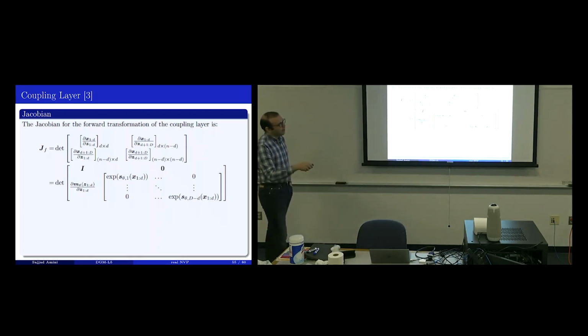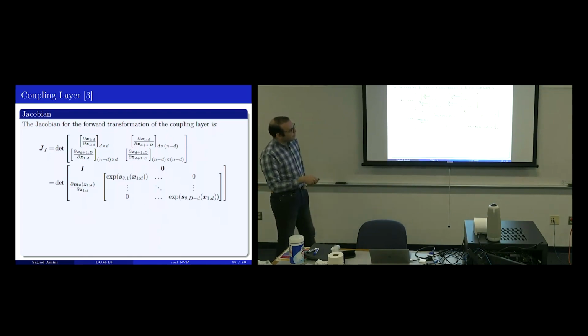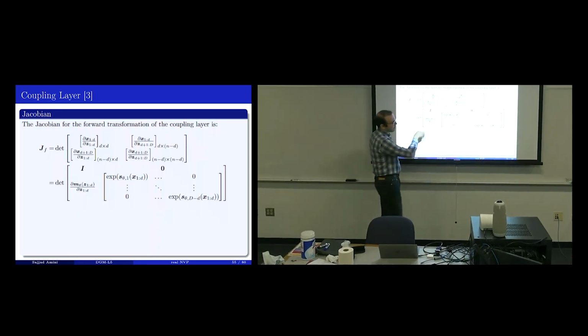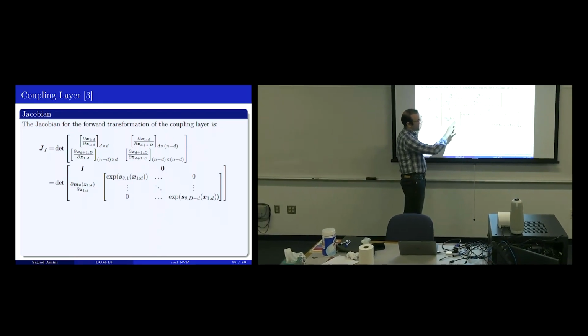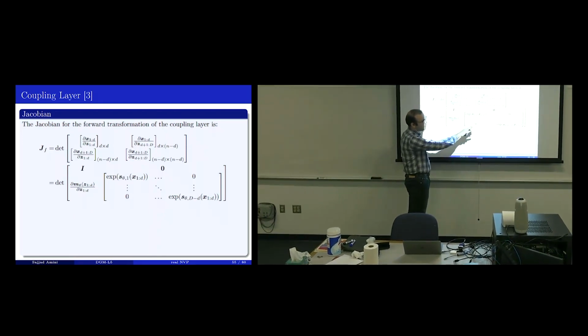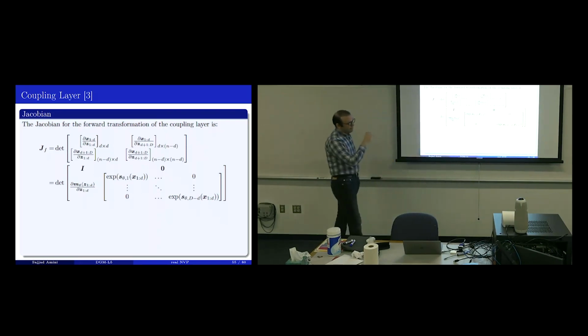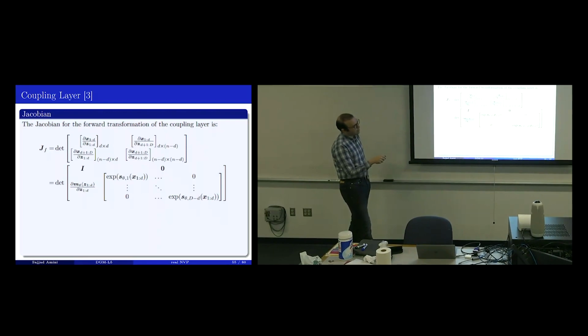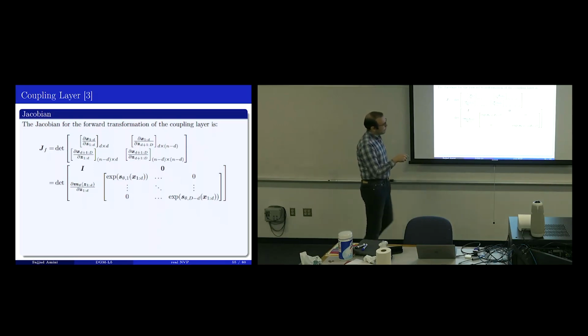So this is the complete Jacobian matrix, and we know that the resulting block is lower triangular, because the upper triangular part is completely 0. So the determinant is the product of the diagonal elements, and the first part of these elements are all 1, so they do not contribute to the determinant.